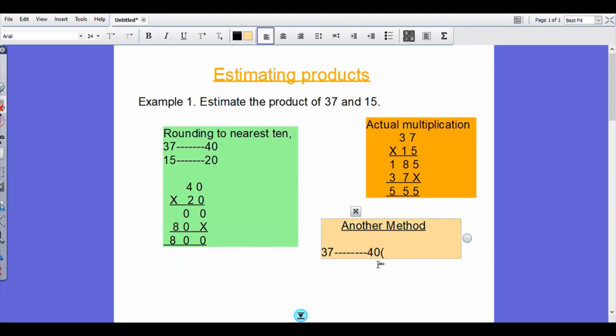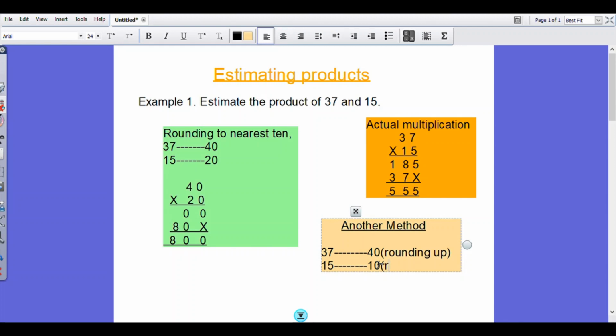It means rounding up, and 15 rounding down. So for 15 it is 10.